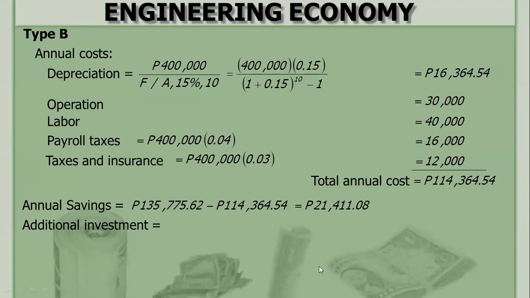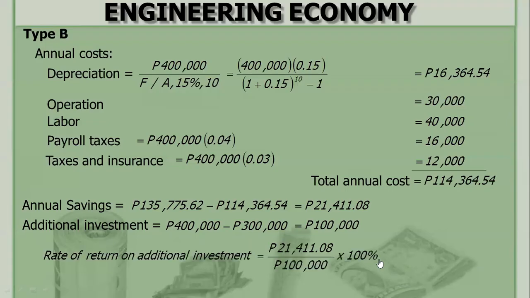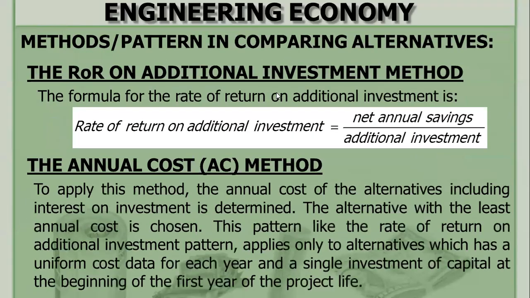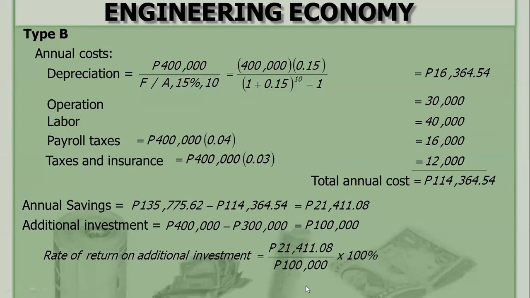Well, an additional investment is 100,000. So, for the formula, rate of return on additional investment is net annual savings divided by annual investment, so savings over annual investment times 100%.